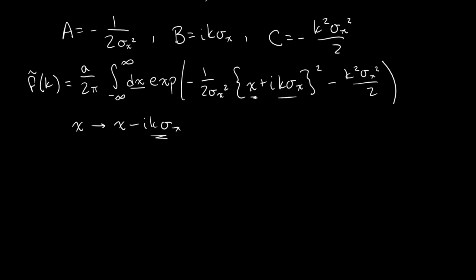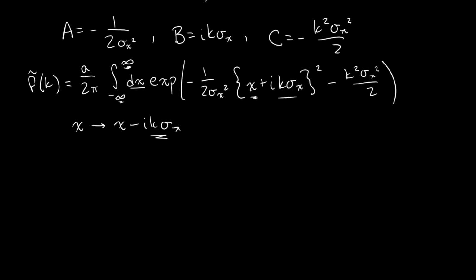My bounds technically change, but I'm going to ignore that for the time being, because any imaginary part that you add is killed off by taking these bounds to infinity. So this imaginary part isn't going to show up in the bounds.